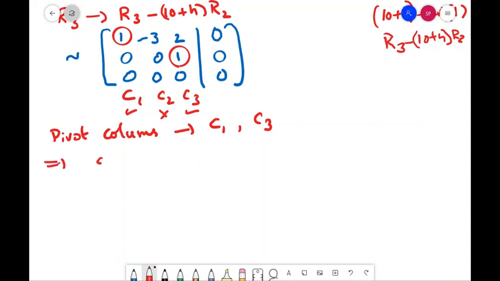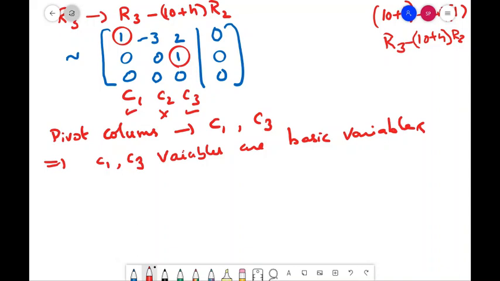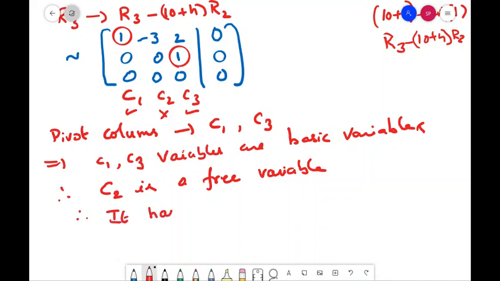This implies that the variables C1, C3 are basic variables, and therefore C2 is a free variable. What if there is a free variable? It has infinite solutions.